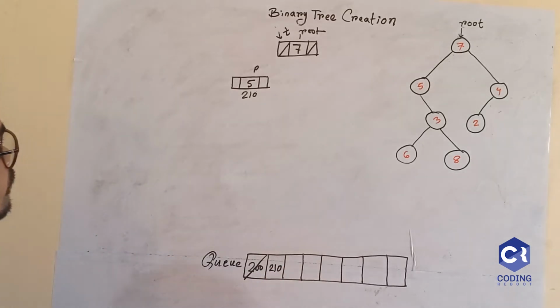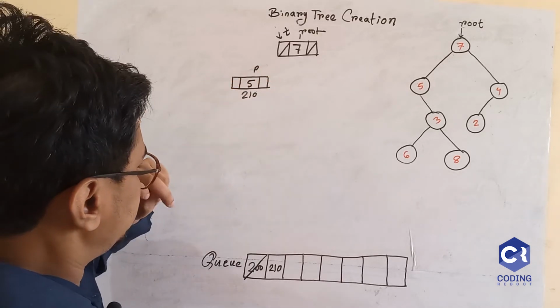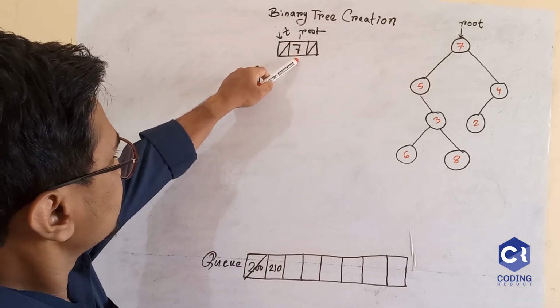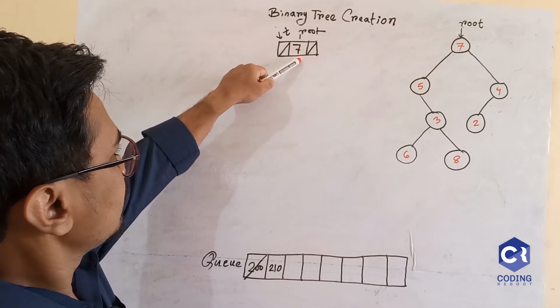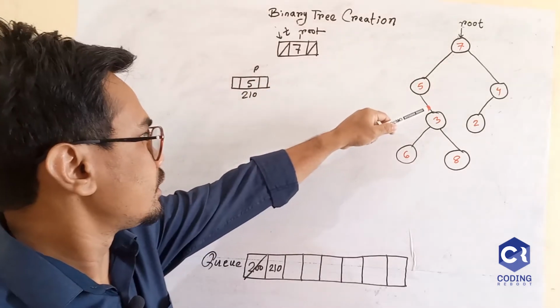Now we are going to ask this root node, is there a right child? See, there is a right child.